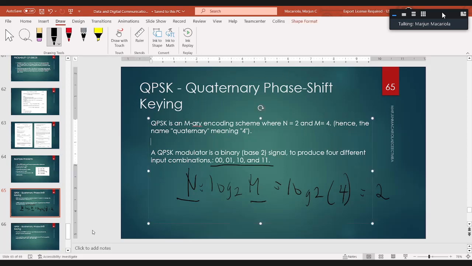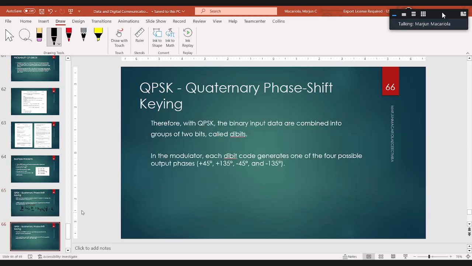Okay? So additional information for QPSK. In QPSK, the binary input data are combined into groups of 2 bits. So ang tawag po sa group of 2 bits na yon is called dibits. So ano yung mga dibits na yon? Yung 4 input combinations natin which are 00, 01, 10, and 11. So ang tawag po dito ay dibits.